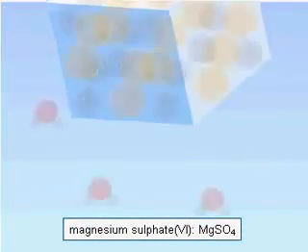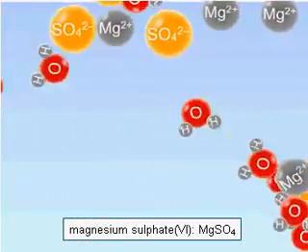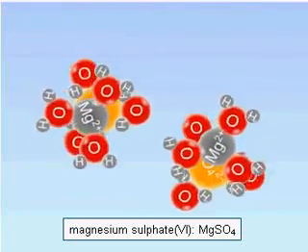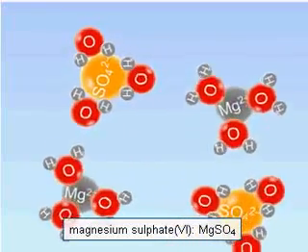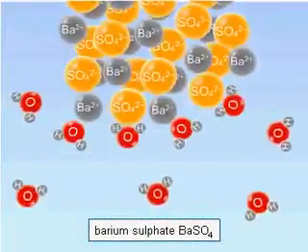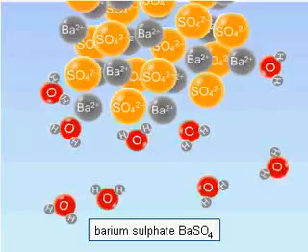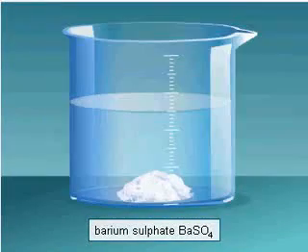Magnesium sulfate is readily soluble in water because the energy of hydration of the individual ions is sufficient to overcome the forces of electrostatic attraction in the crystal lattice of the salt. However, in barium sulfate, the interactions between the ions in the crystal lattice are too strong in relation to the interactions with water molecules, which is why this compound is insoluble.